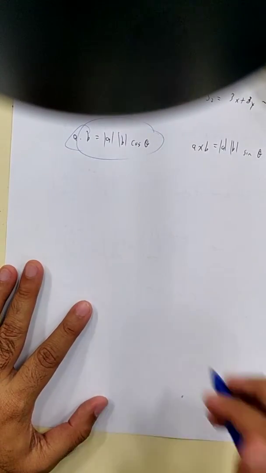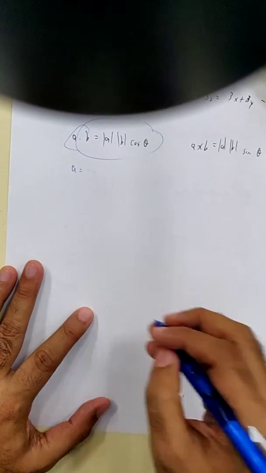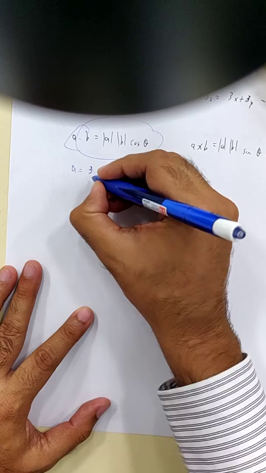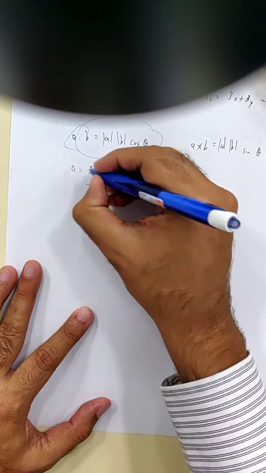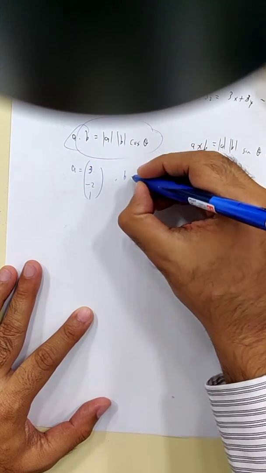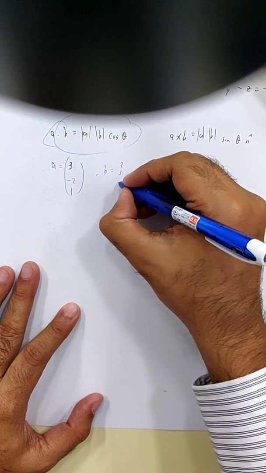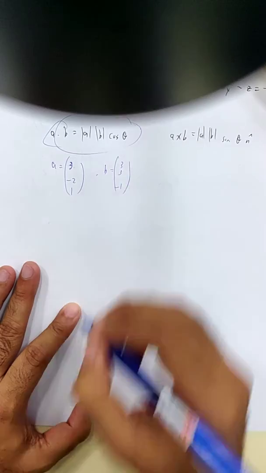Alright. What's your A? What's your B? A is what? One of the normals. (3, -2, 1). What about your B? The other normal. (3, 3, -1).